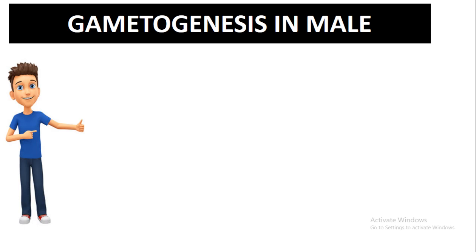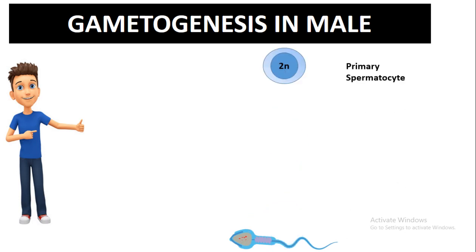Gametogenesis in male also undergoes meiosis, and the major product is the sperm. So I'll start from the first cell where the sperm starts from.